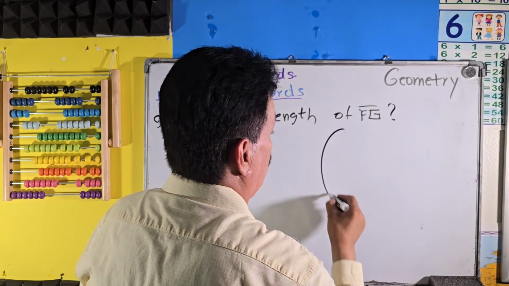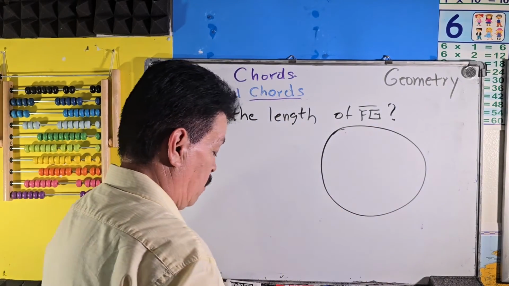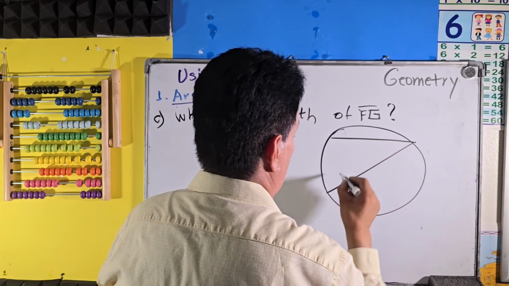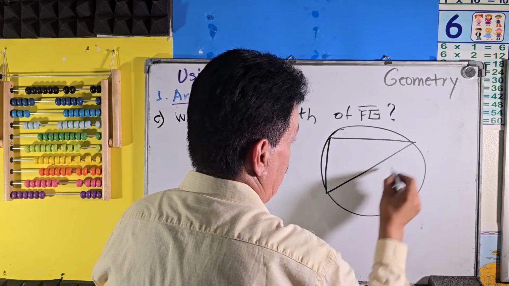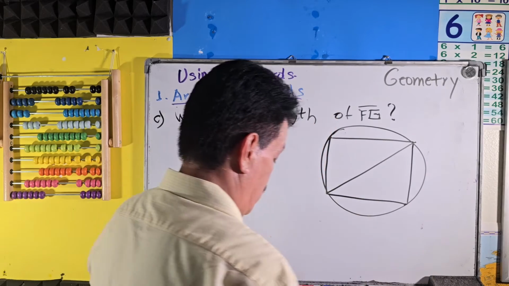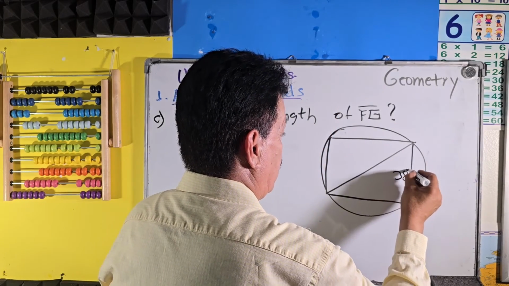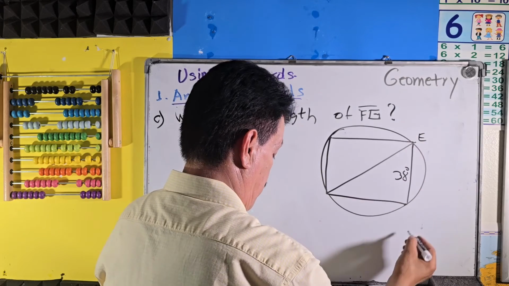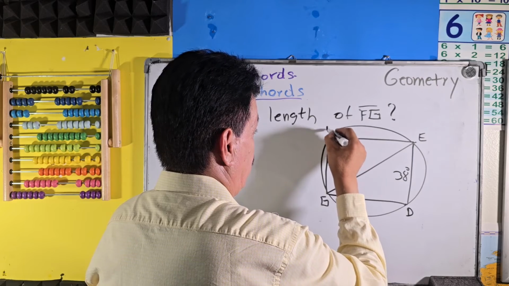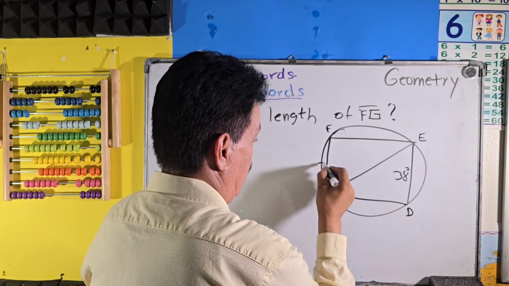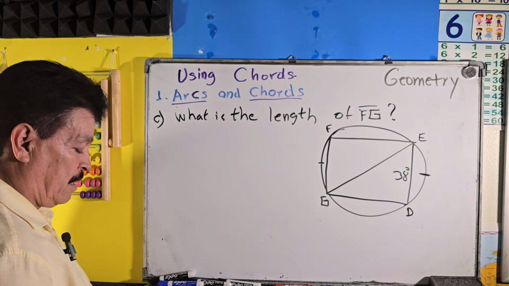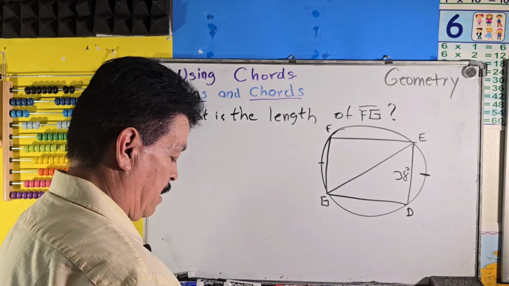So we have a circle, and we divide the circle with these lines. This is 38 degrees right here. This is E, this is D, this is G, and we have F right here. These arcs are congruent, right?